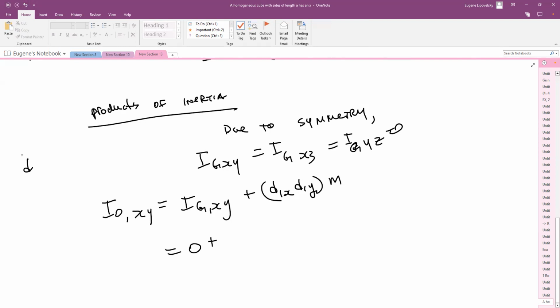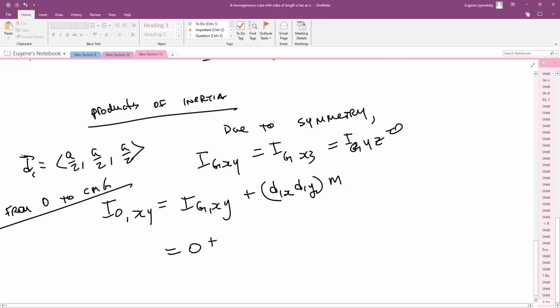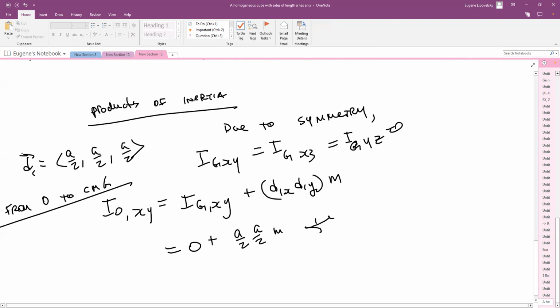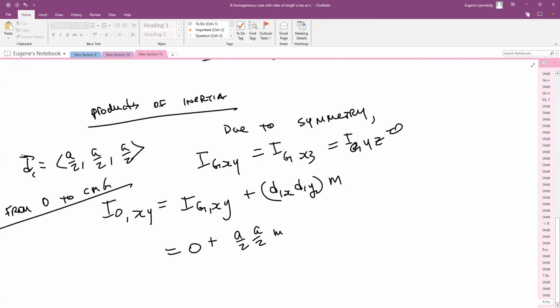Because d is the d1 vector, it has components a over 2, a over 2, a over 2. It goes from O to the center of mass G. So 0 plus a over 2, a over 2 m, and that's going to be m a squared over 4.